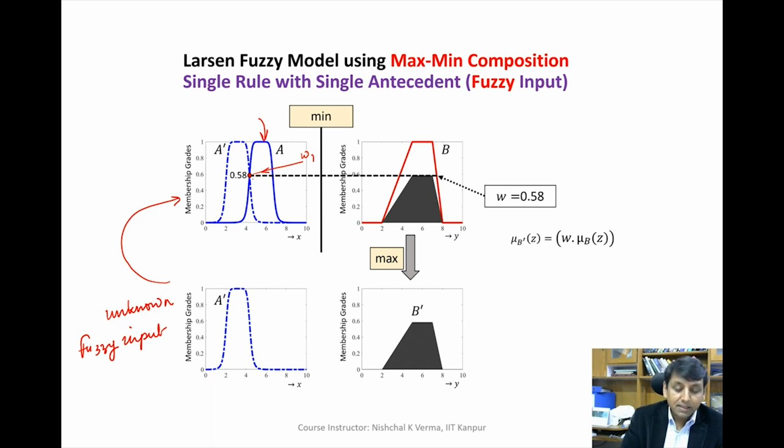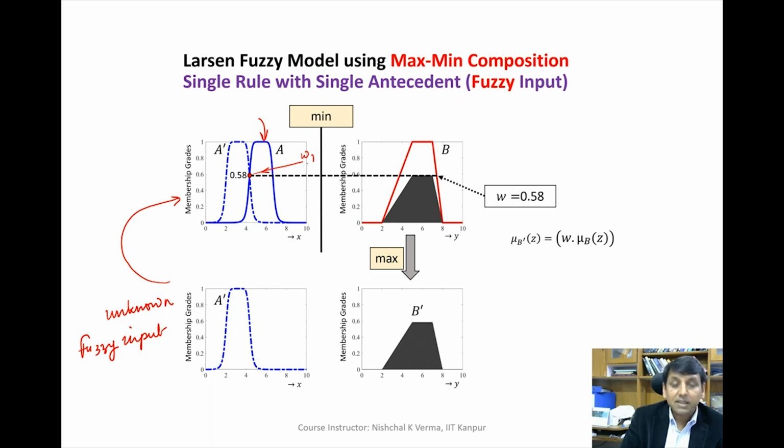Here we are getting only one point of intersection, that is W1. Here this is 0.58 and we have designated this as W1. This is called the weight of rule number 1. Since we have only one rule, we don't worry about the number, so we can call this either W or W1.